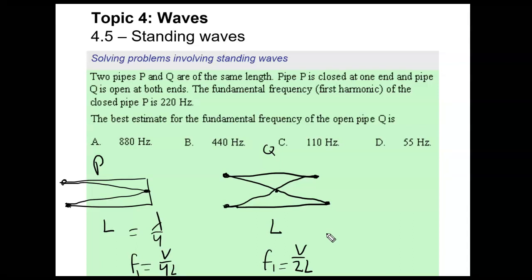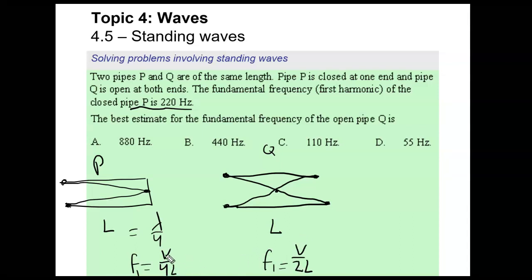Okay, so compare these two equations, because what they give us is F1 for pipe P. They tell us that the first harmonic for pipe P is 220. So compare this F1 to this F1. What's the difference? Well, they're almost the same, except the F1 for pipe P is half of F1 for pipe Q, because there's a 4 here and a 2 here.